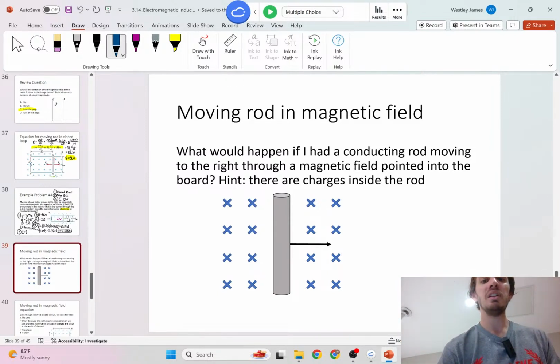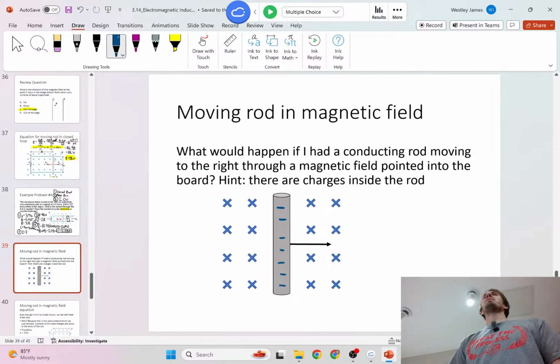Remember, y'all, inside this rod are a bunch of electrons. And if the rod is moving, the electrons are moving. If I have moving charges in a magnetic field, I want you all to go and figure out which way. You know what? Let's make this a clicker question.